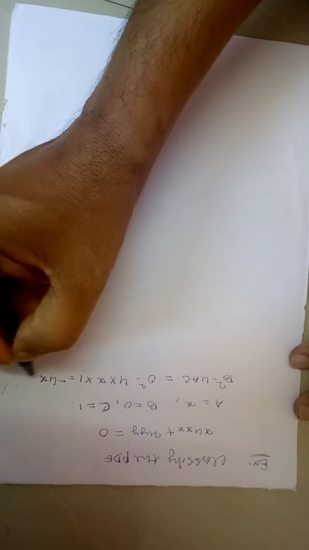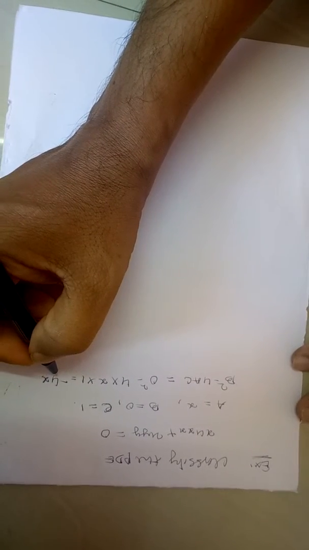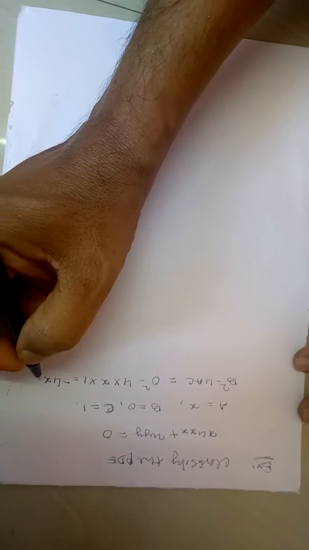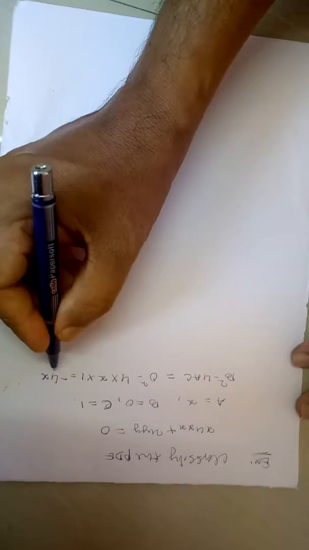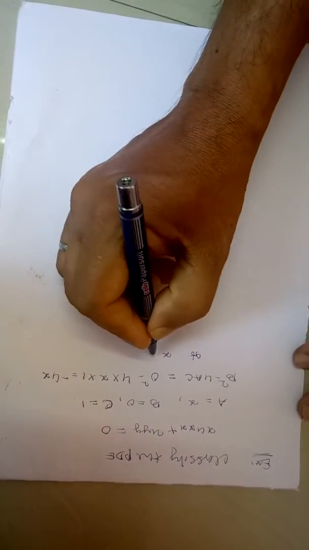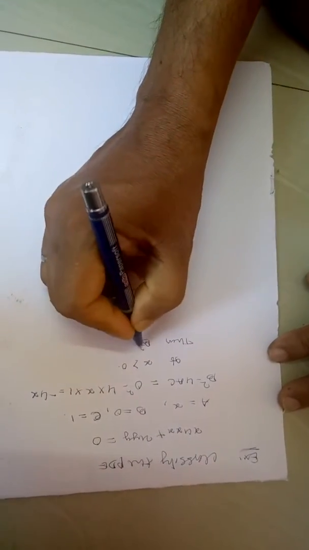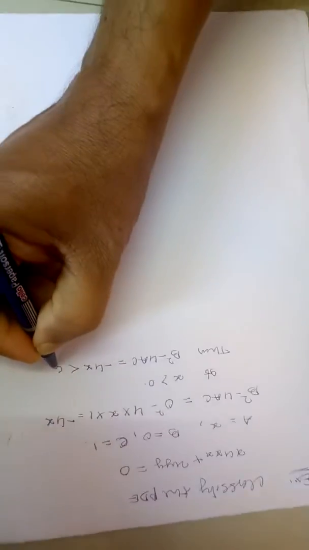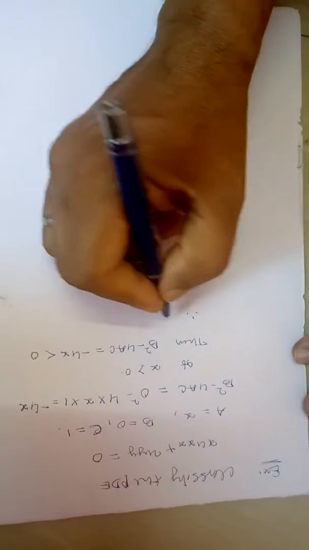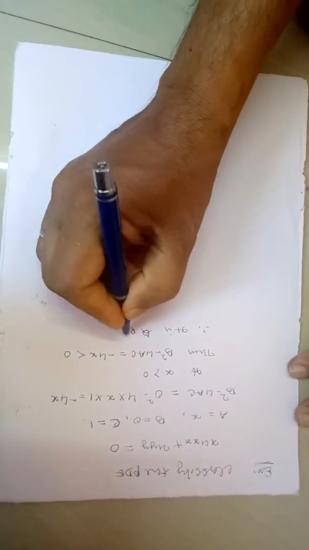So we cannot say this is always less than 0. Depending upon the nature of x, we can decide the sign of the value of b square minus 4ac. So now if x is greater than 0, then b square minus 4ac, which is minus 4x, is always less than 0. Therefore it is elliptic.